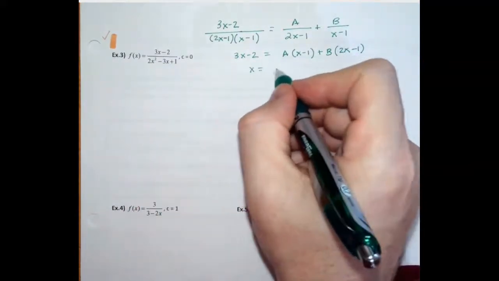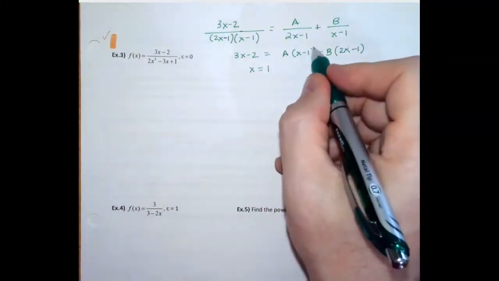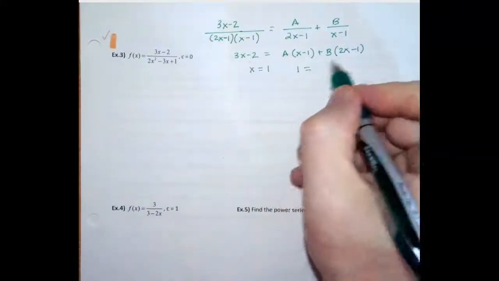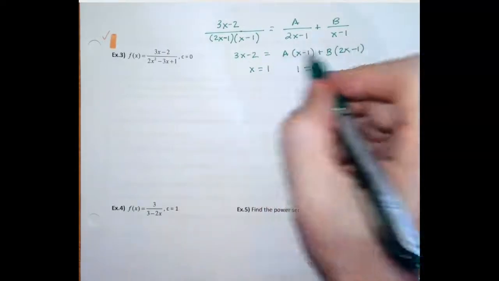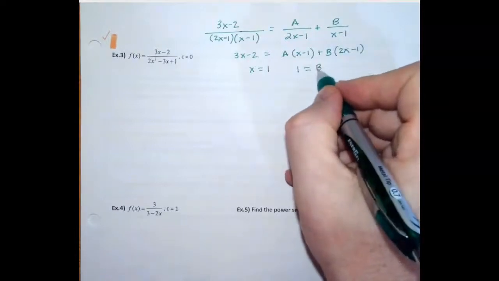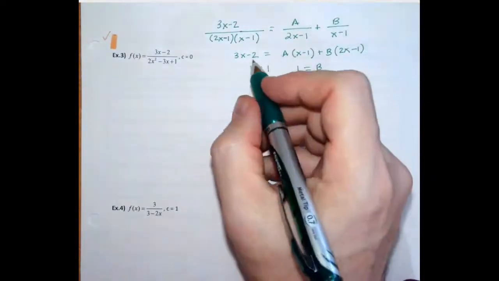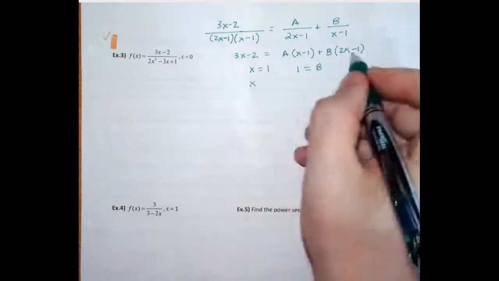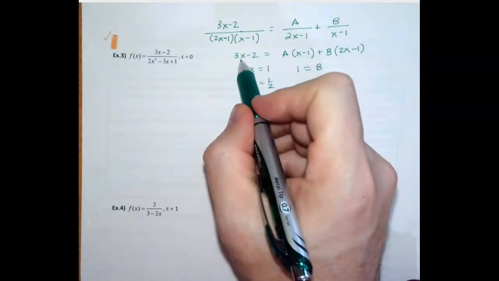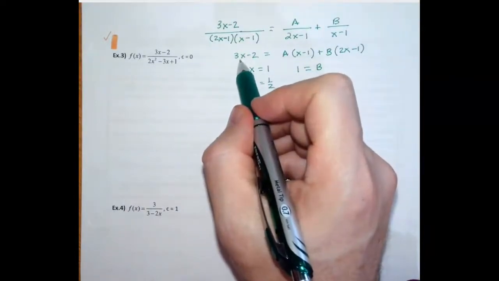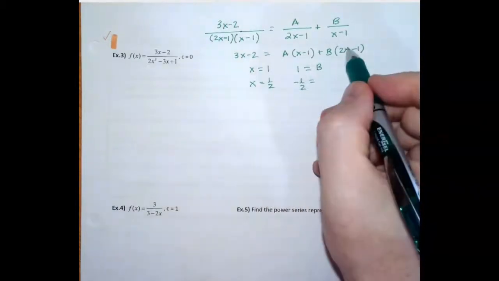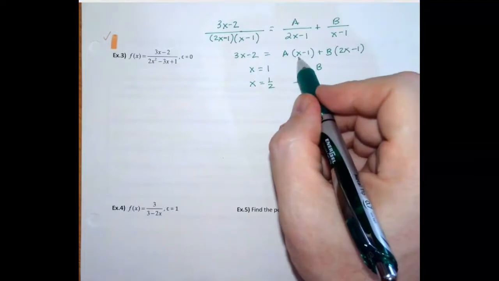So if we let x equal 1, then that would be 1 equals, and here this would be gone, and here 2 minus 1, that'd be b. So we would find out that b equals 1. Then if we let x equal 1/2, here we'd have 3 halves minus 4 halves, that would be negative 1/2, and then that would be 0, that would be gone.